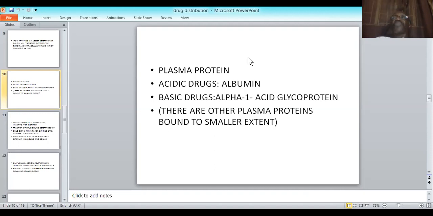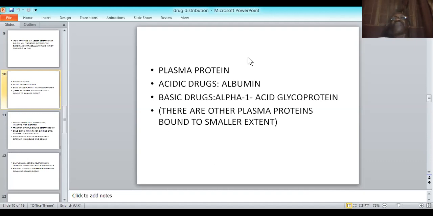The drug that is bound to plasma protein is called a bound drug. The one that is free, not bound, is called either free drug or unbound drug. The interesting thing is that a drug bound to plasma protein cannot bind to the pharmacological active site, so it will not exert the pharmacological action unless it is released from the plasma protein.